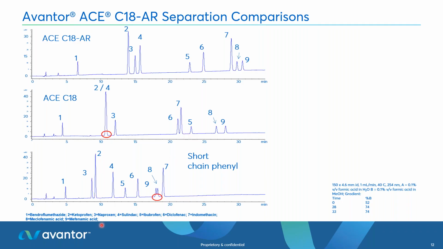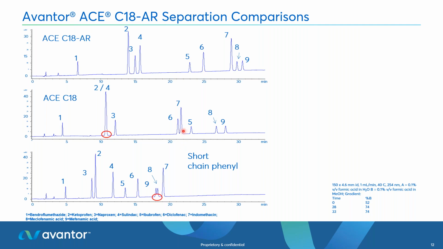On a phenol column, you can see peaks 2 and 4 have a nice separation. But now I've got coelution of peaks 9 and 8. And if you combine both mechanisms, hydrophobicity plus pi, you get a good separation of every analyte in that mix in this case.